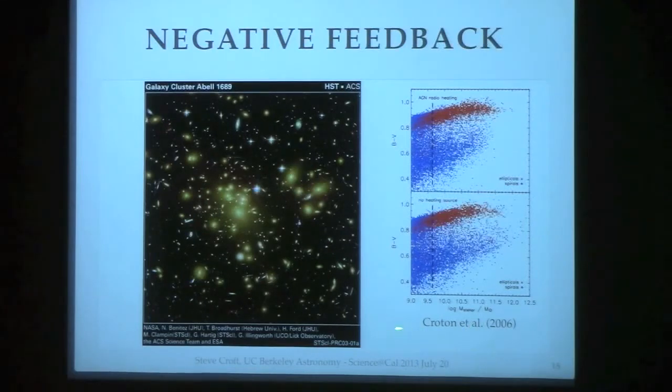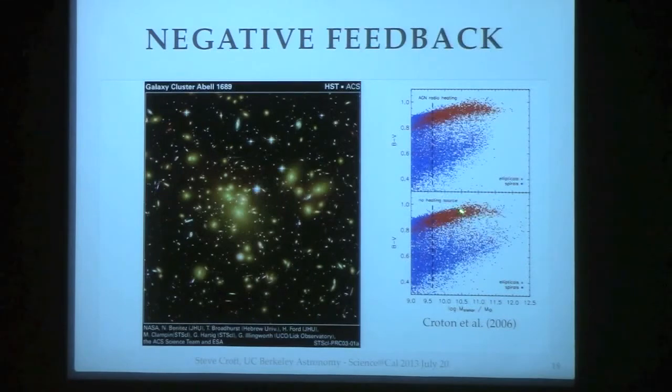And it was only with the work of Darren Croton, who was at Berkeley at the time, and others, Phil Hopkins, who's still here, and some other researchers, who realized the role of these active galactic nuclei in cutting off the accretion of that gas, that we've realized why, in this plot on the right, you're seeing mass increasing to the right, massive galaxies over here, less massive galaxies over here, and then red galaxies at the top and blue galaxies at the bottom, color-coded as elliptical galaxies and as spirals.